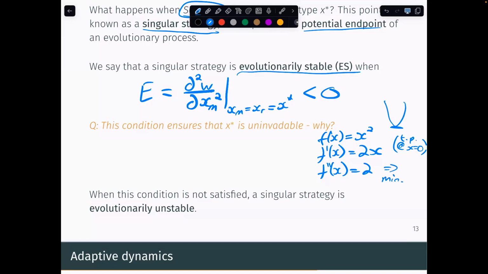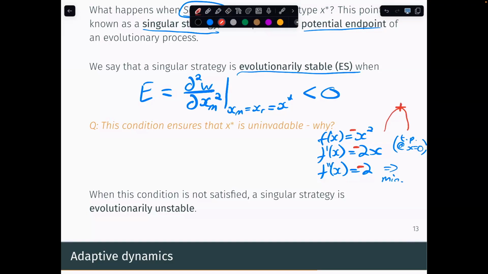In a fitness context, if our value of E here is positive, then that means it's a fitness minimum. Conversely, if I change the signs and make this minus x squared, then we would end up with a minus 2. We would have a function that looks like this, with a fitness maximum.